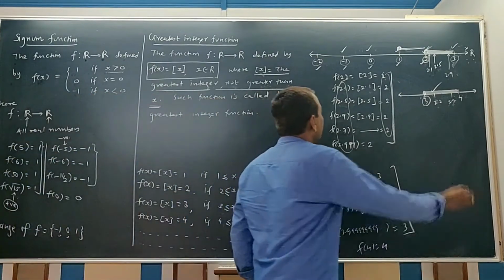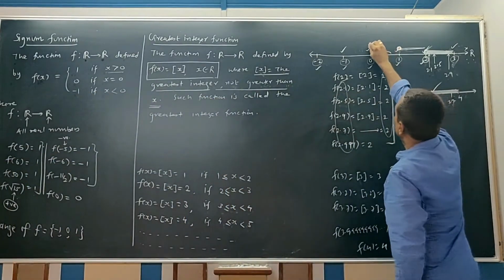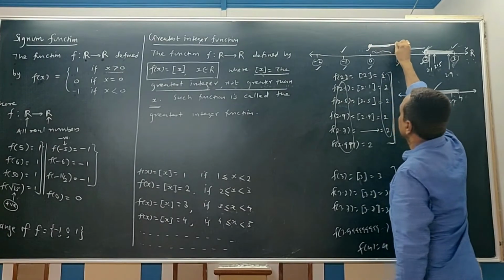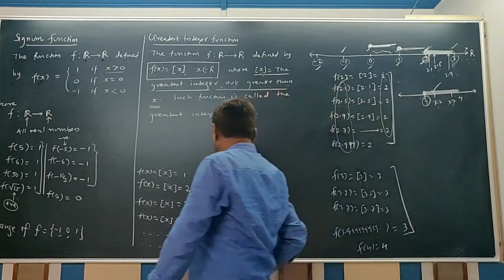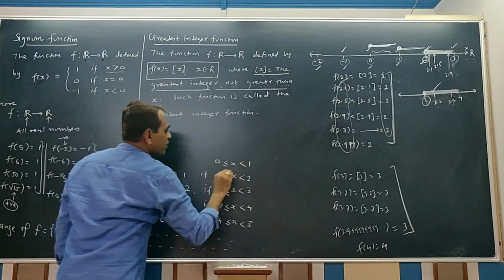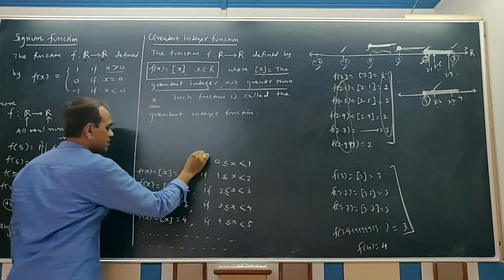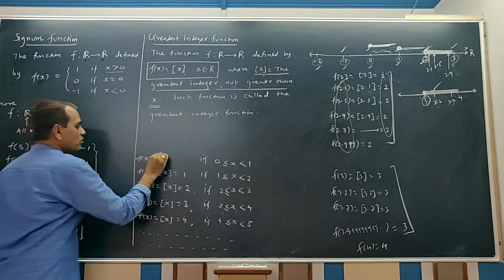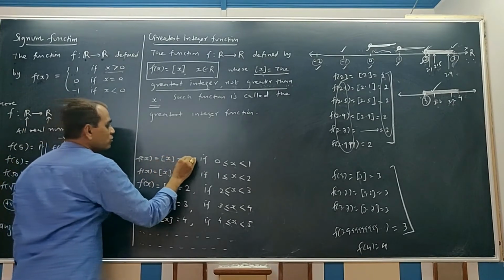Now coming to this side, 0 to 1. If x is between 0 and 1, then f(x) equals floor of x, equal to 0.